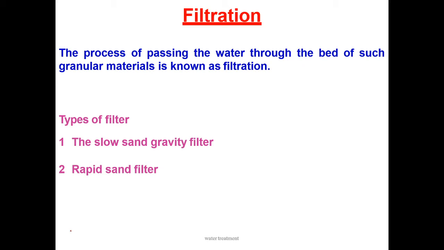The two most common coagulants are aluminum, like alum Al3+, and ferric iron Fe3+. Alum can be purchased as dry or liquid alum.